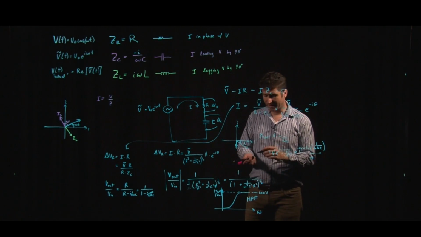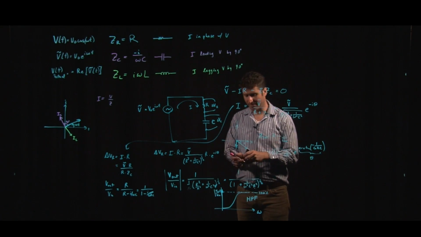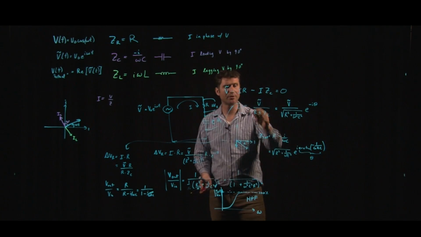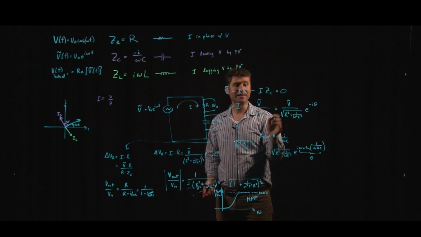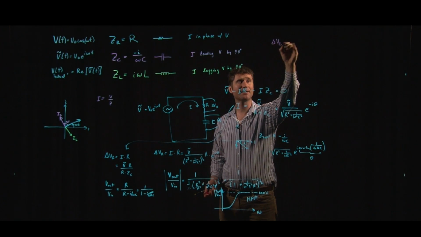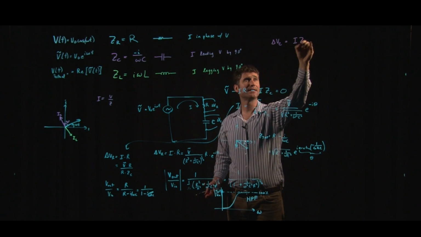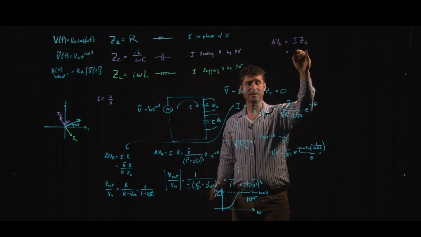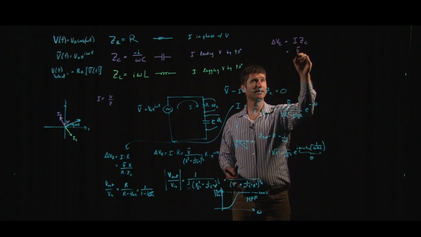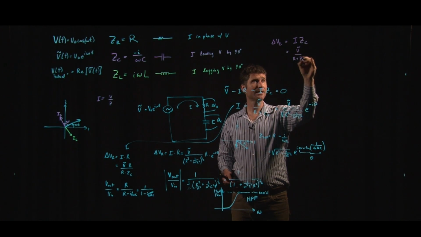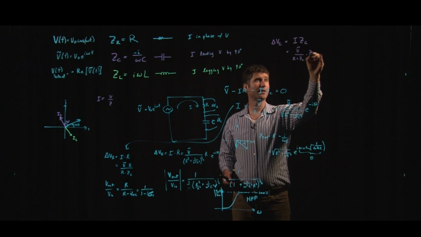It doesn't really matter, we can do either one. I'll put this in pink just so we can differentiate. So the current is going to be the same. The voltage drop across the capacitor is going to be equal to I times ZC, which, as we said here, was simply V tilde divided by R plus ZC, and then this is going to be multiplied by ZC.